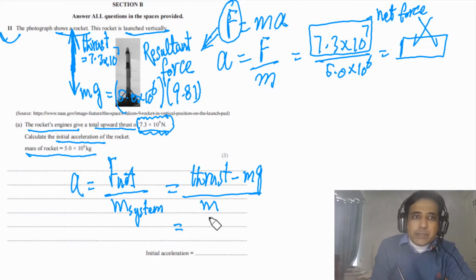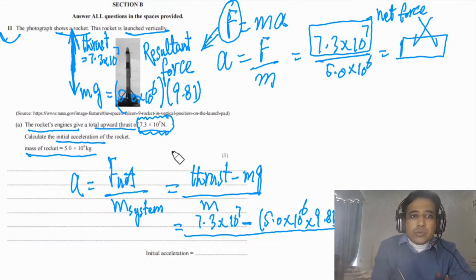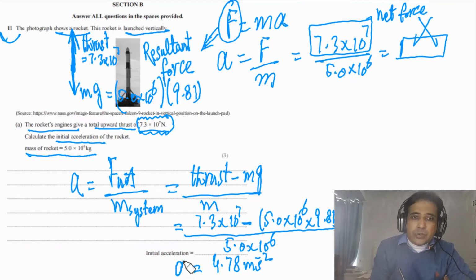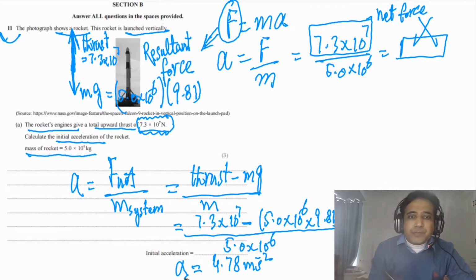So we have thrust, 7.3 times 10 to 7, minus weight, 5.0 times 10 to 6 times 9.81, divided by the mass of the system. The total mass of the rocket is given, 5.0 times 10 to 6 kg. If we solve this, we will get acceleration equal to 4.78 meters per second squared. This is our final answer, and this is the initial acceleration.